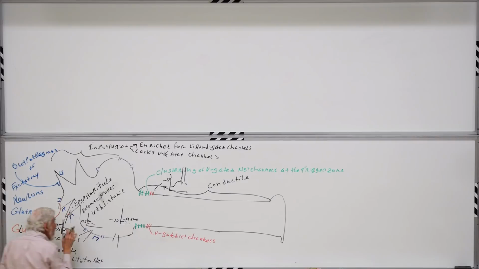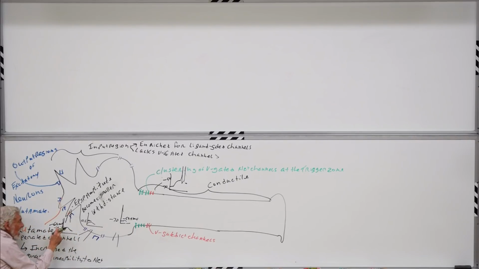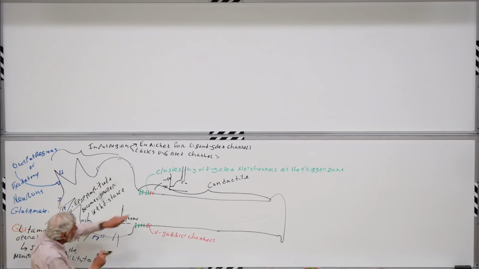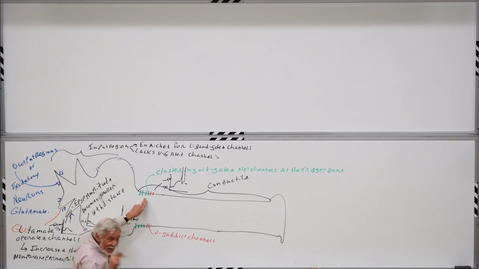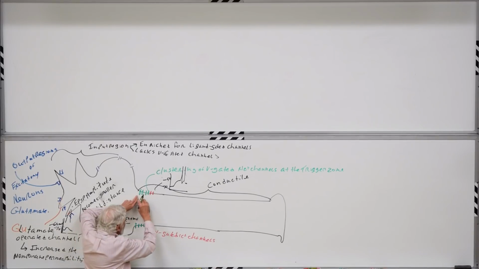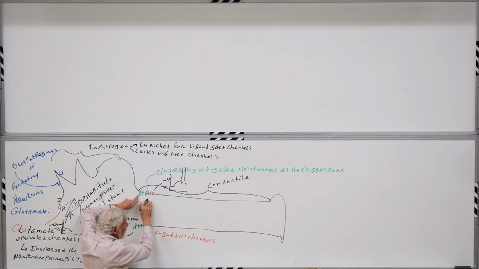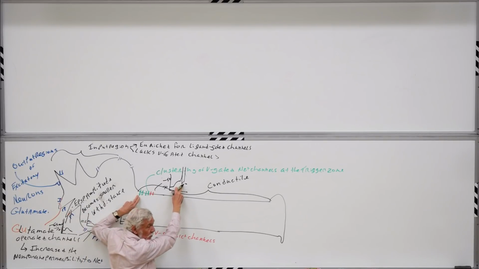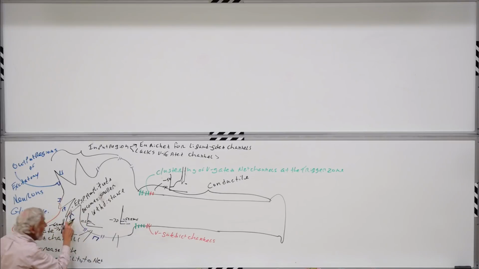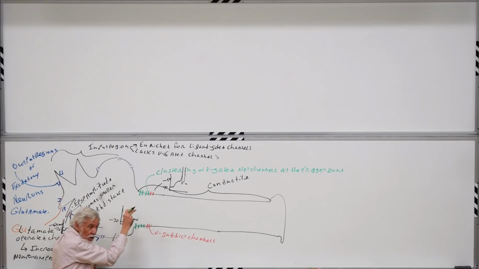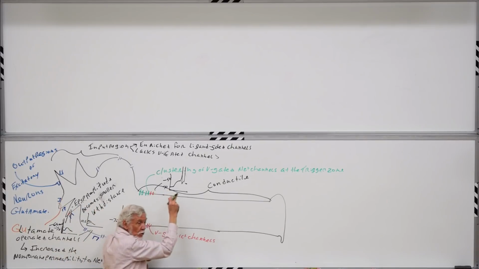The point I'm trying to make is that even this 1 millivolt depolarization, if all of this charge were to arrive at the trigger zone, is inadequate to generate the opening of a sufficient number of these voltage-gated channels to produce an action potential. It means that we need many, many of these synaptic sites working in concert to bring this membrane to threshold.